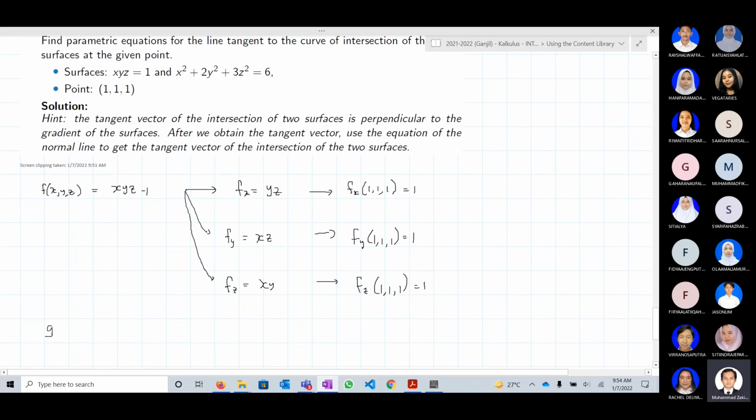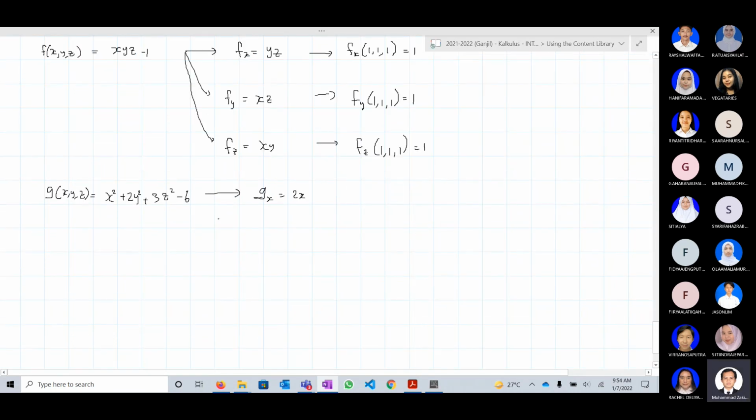Now g of x, y, z is the function x squared plus 2y squared plus 3z squared minus 6. Then we have that gx is 2x and gy is 4y and gz is 6z.